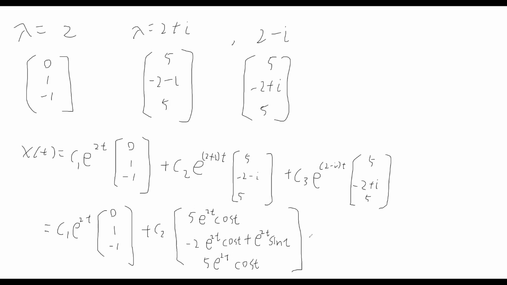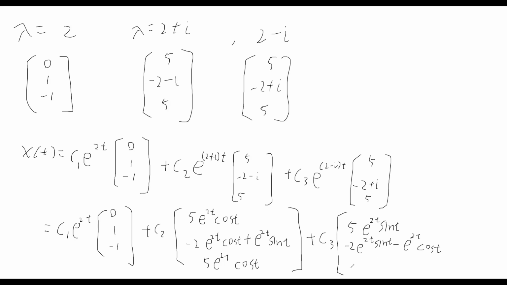Right. And then next one, c3, that's 2 minus i, so we have first one 5 e to the 2t sine t, and then negative 2 e to the 2t sine t minus e to the 2t cosine t.